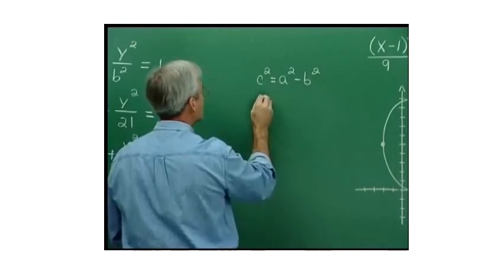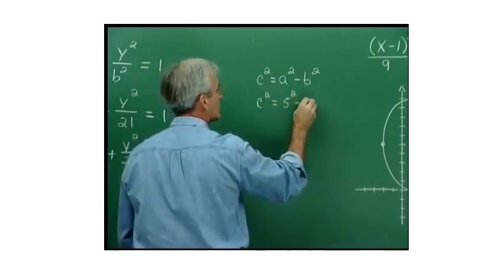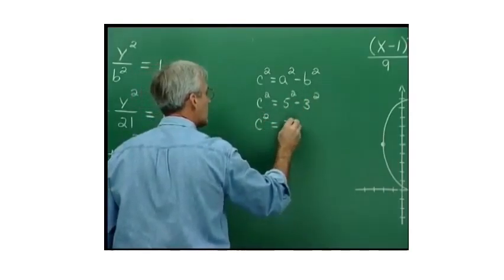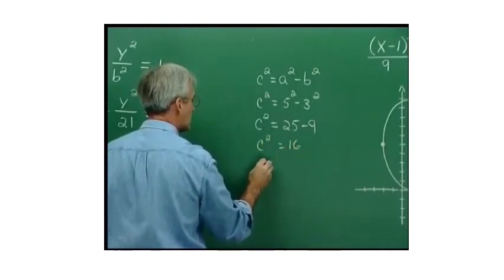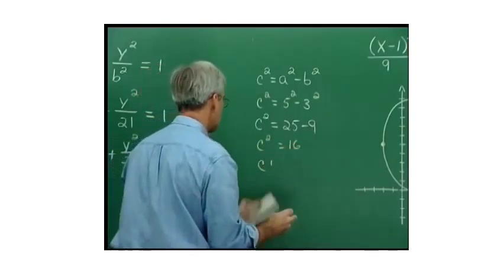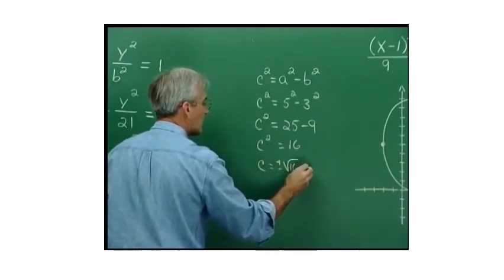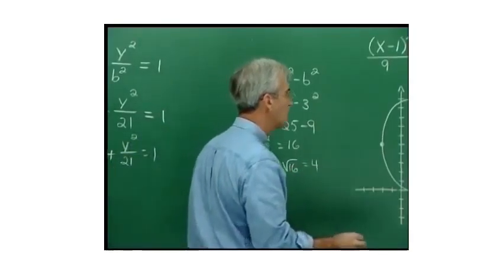So c squared is 5 squared minus 3 squared. C squared is 25 minus 9. C squared is 16, so C is plus or minus the square root of 16. And we want the positive or principal square root, so it turns out to be 4. So C is 4.